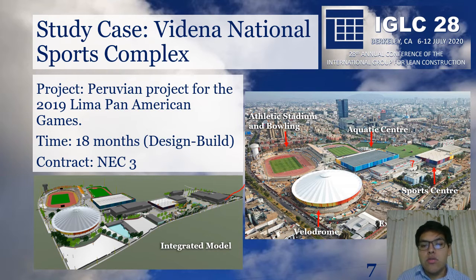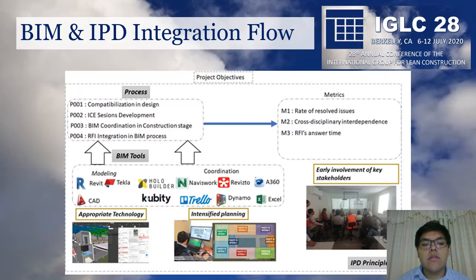All of this infrastructure was built under an NEC3 contract and a collaborative IPD environment. As part of the study, this framework was proposed, explaining all the key terms and key methodologies used in this project.